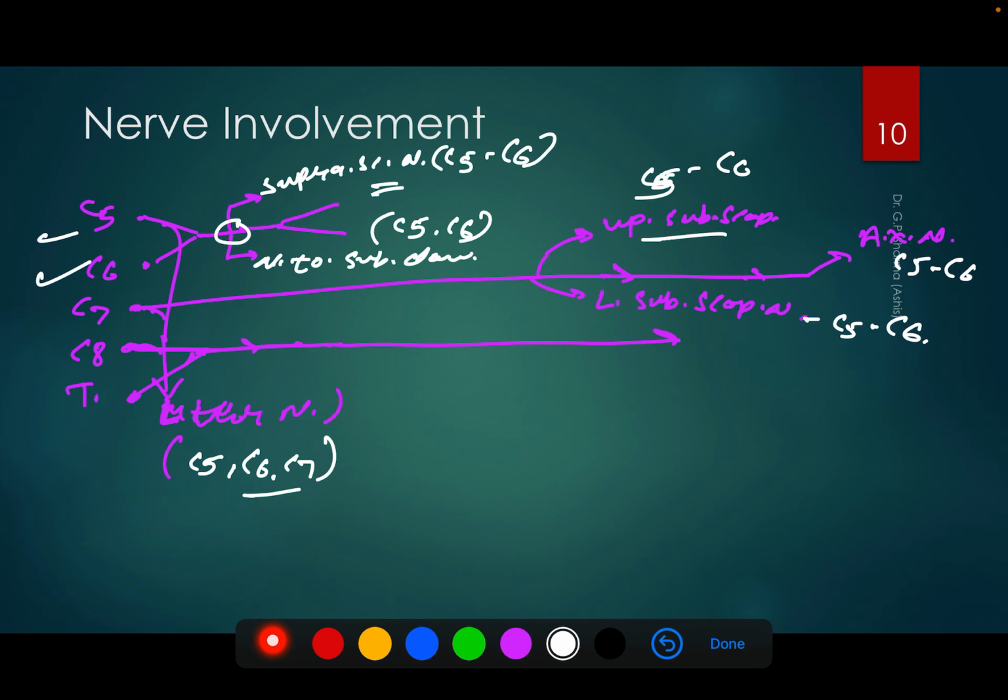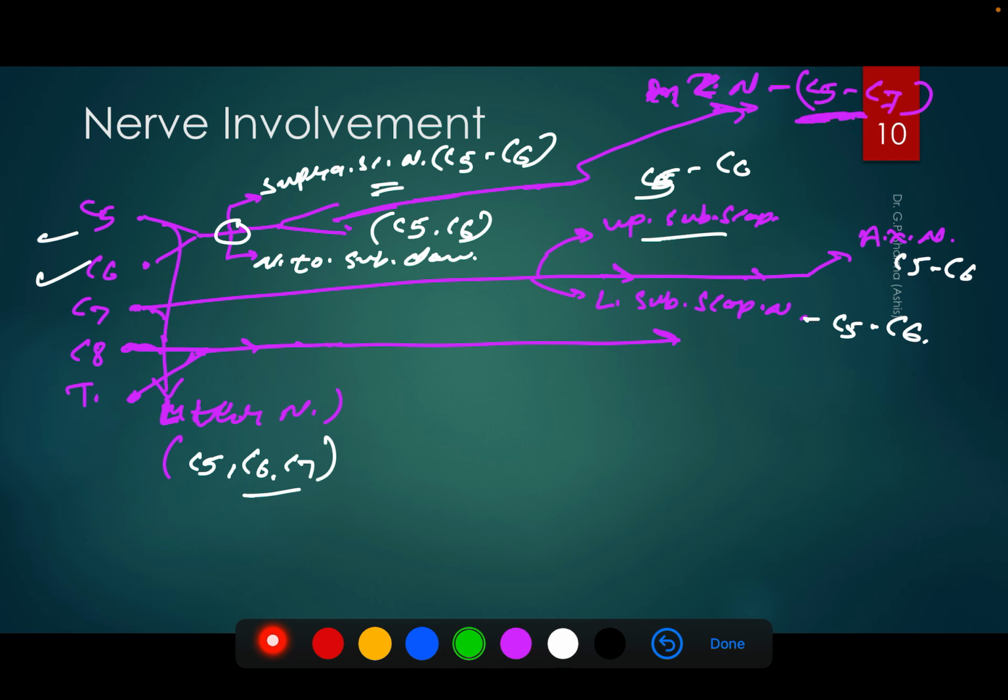And if you remember, this was my superior or the lateral cord. Finally it forms this lateral cord. It gives me the musculocutaneous nerve. Musculocutaneous nerve root value is C5 to C7, right? So this also involves C5 and C6.